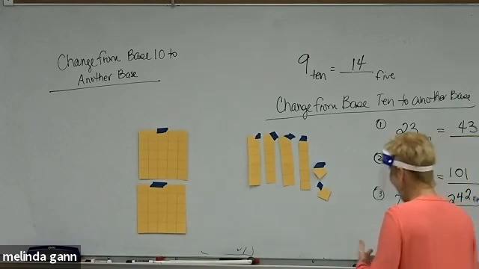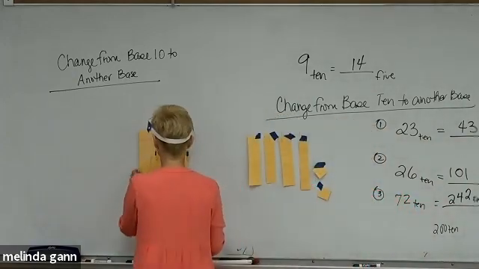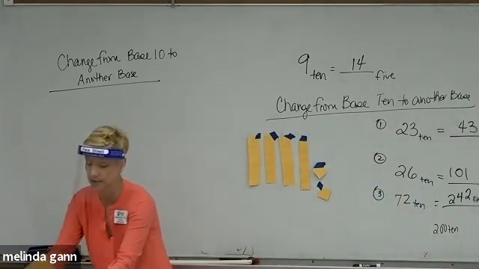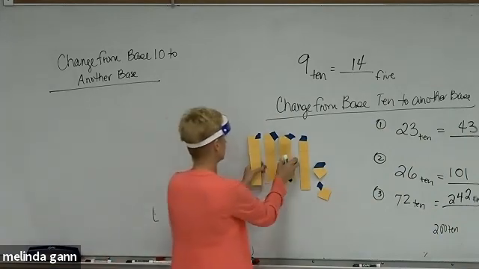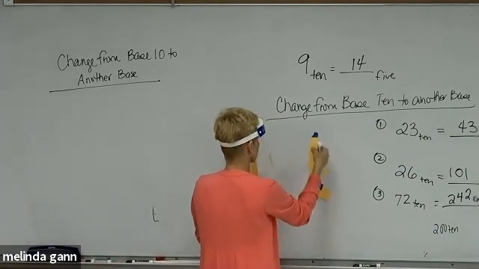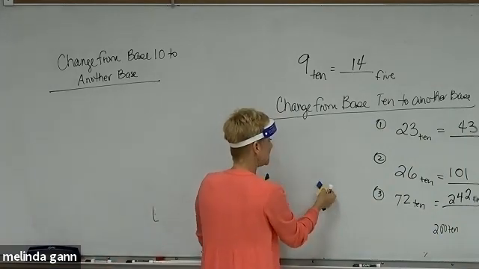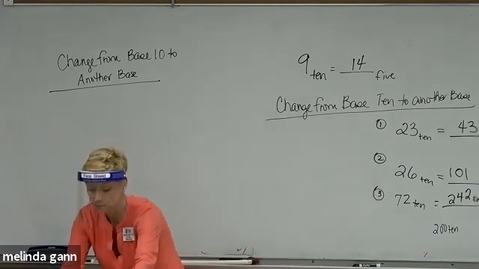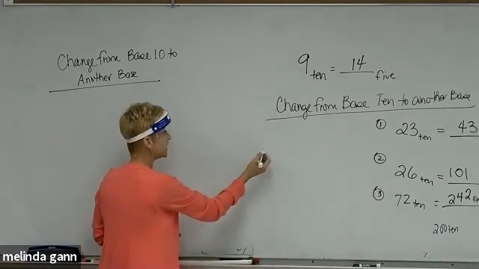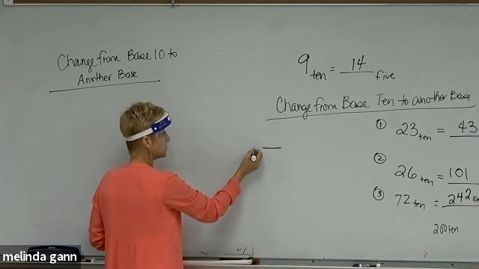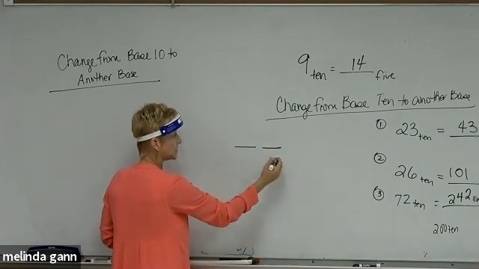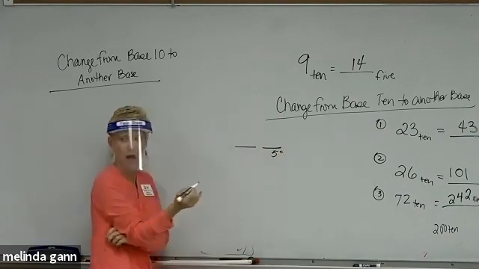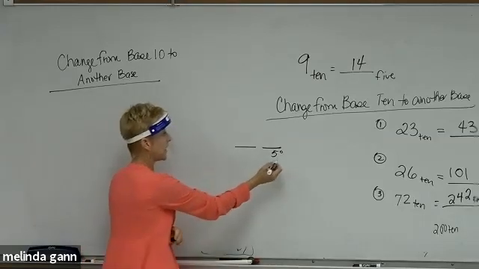So without the blocks, to me, this is the easiest way of doing it. If I'm doing the 72, I'm going to start drawing place values. Now, if I'm going to base 5, this is my 5 to the 0 column, correct? So that's my ones.